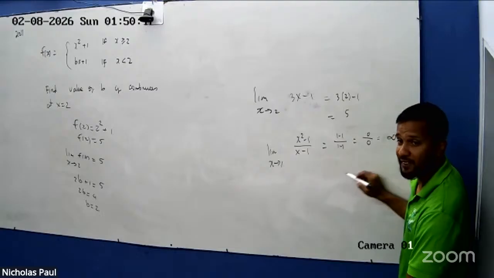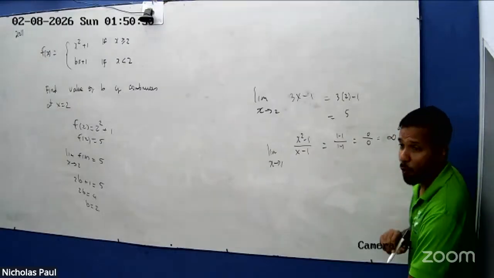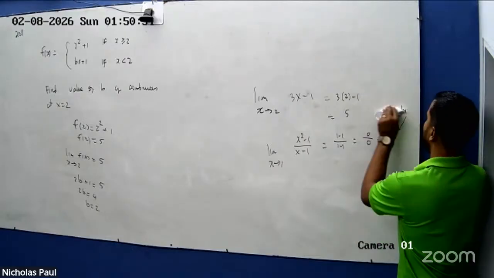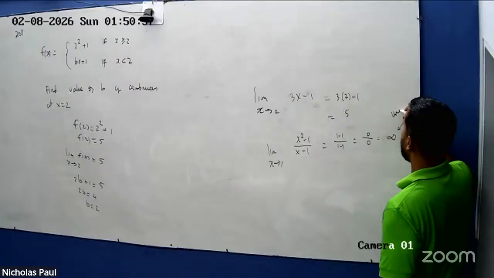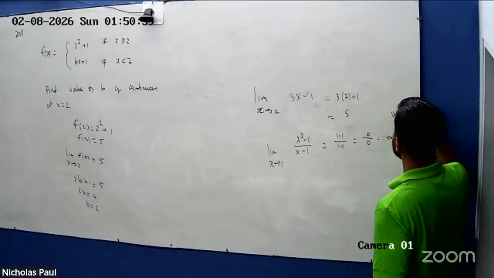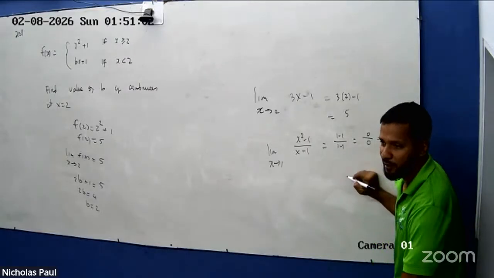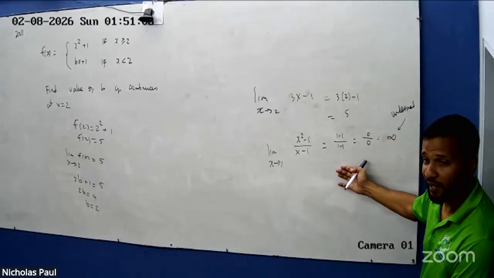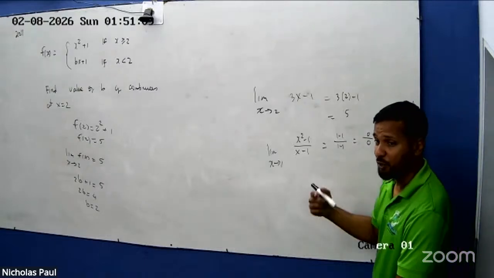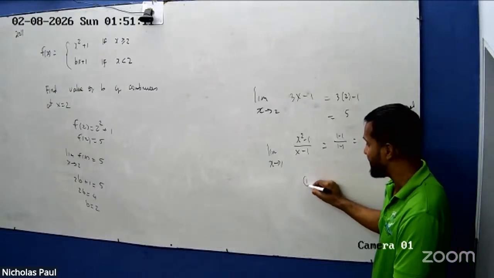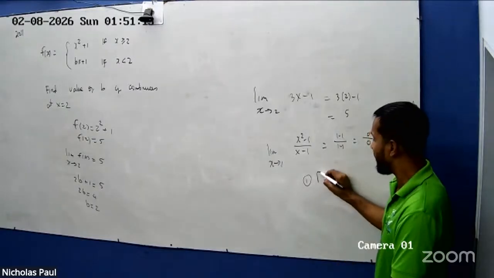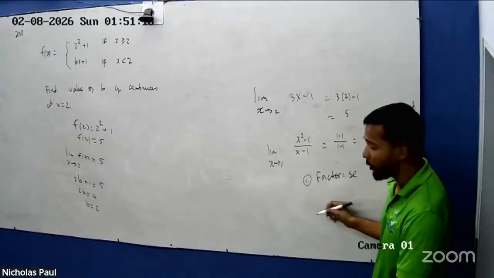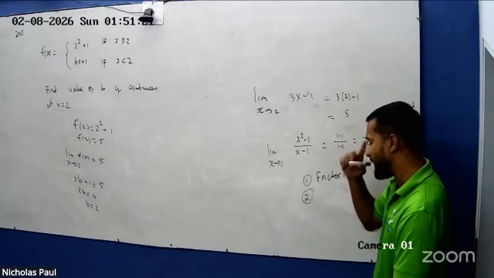So in a case like this, whenever you get something undefined, it's an indeterminate form, and you don't want that. Sometimes these things will lead to actual values. So in a case like that, you have to try and simplify. And there are two ways to simplify. Number one, we could factorize.